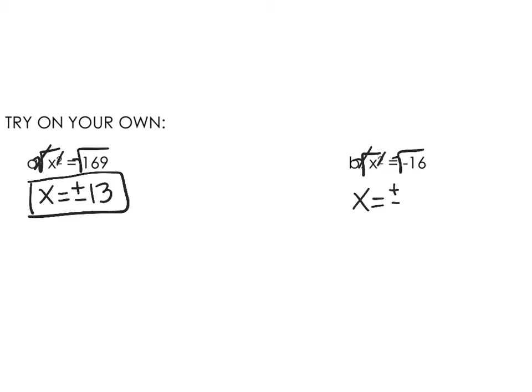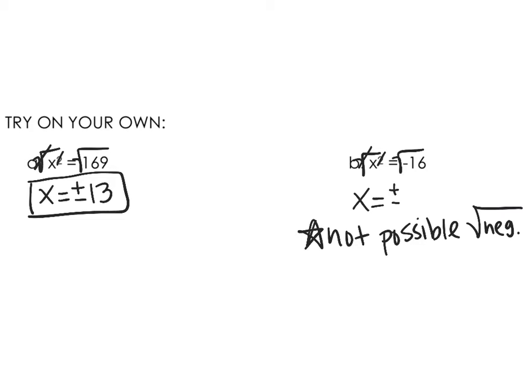So what this means is that it's not possible to take the square root of a negative. So if you want to write yourself a note, not possible to square root a negative.